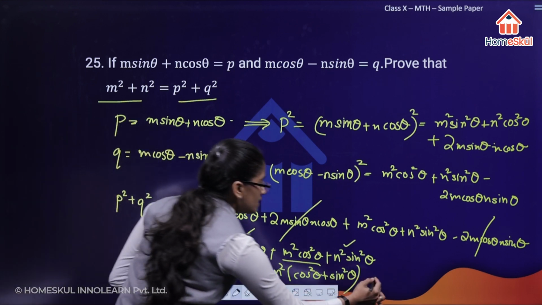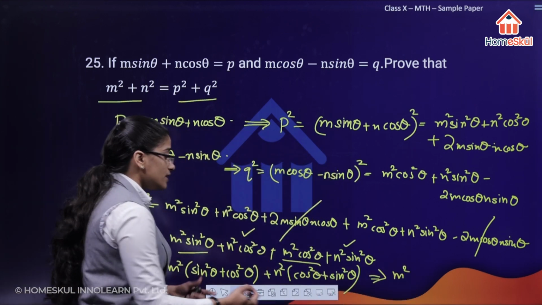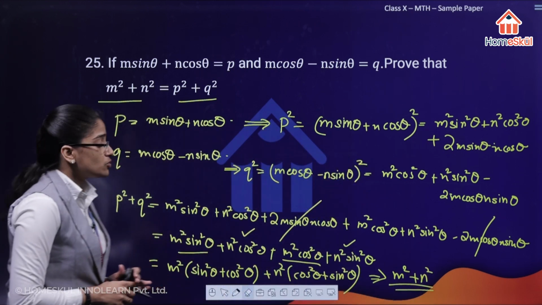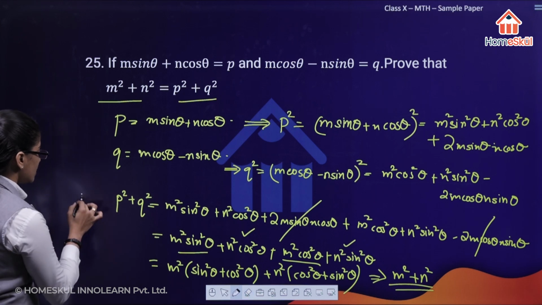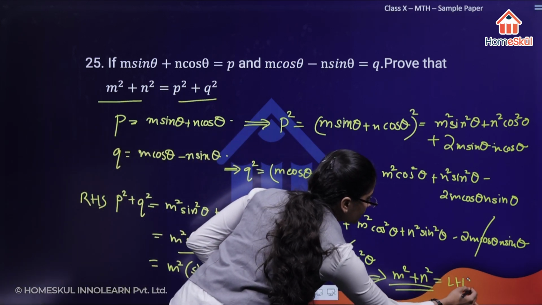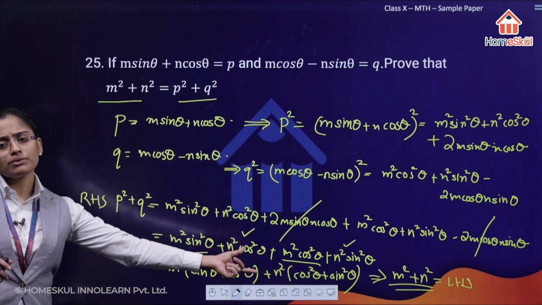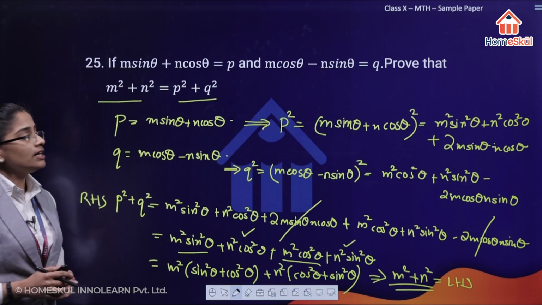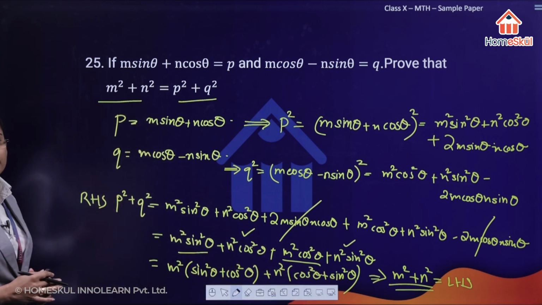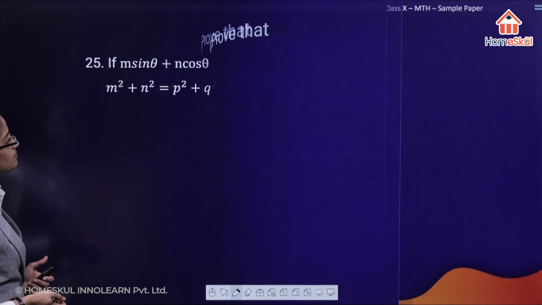It is 1. That means m square into 1 plus n square into 1. Right? So, we have started from the RHS and reached the LHS, isn't it? Now we are getting p square plus q square is equal to m square plus n square. Okay. Clear? Moving on to the next question.